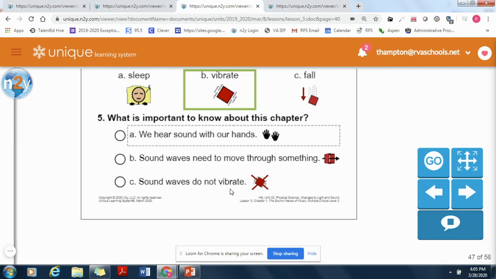Sound waves do not vibrate. Now, there are some answers that we can automatically get rid of, right? We just know they're not the right answer. So we know that sound doesn't go through our hands, so we can just not worry about that. And then, sound waves do not vibrate.